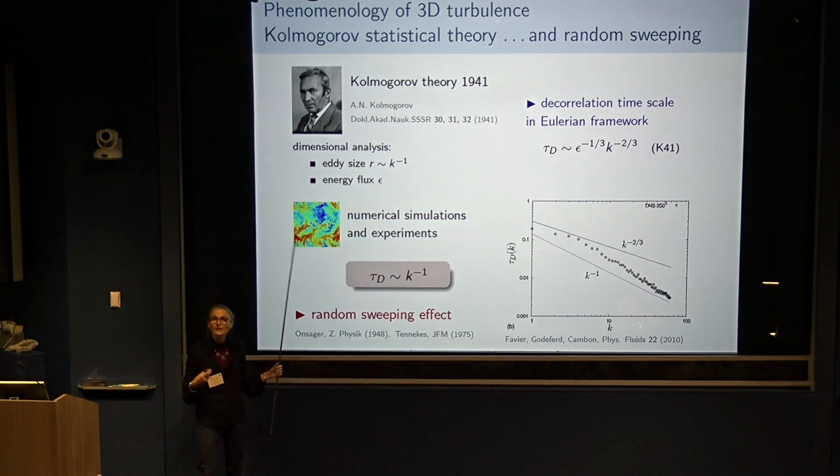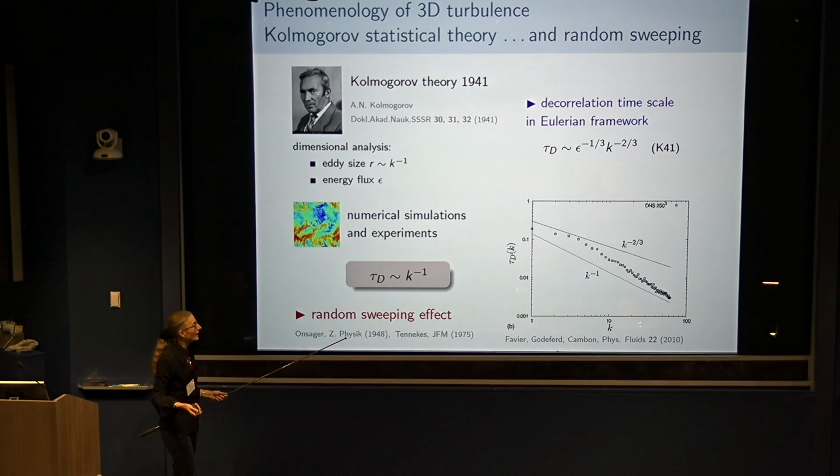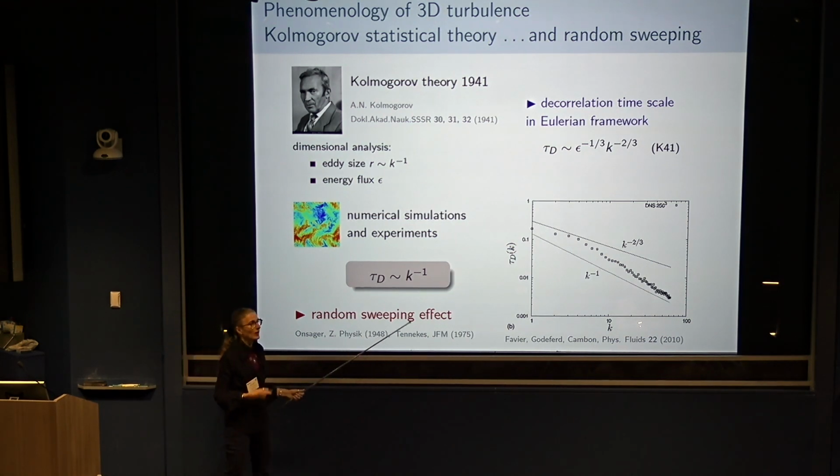This is usually interpreted as a consequence of the random sweeping effect, which means the random advection of small-scale velocity by the large eddies of the flow. And again, it's a challenge to explain that from first principles, that is, directly from the Navier-Stokes equation. This is what we are going to try to do.